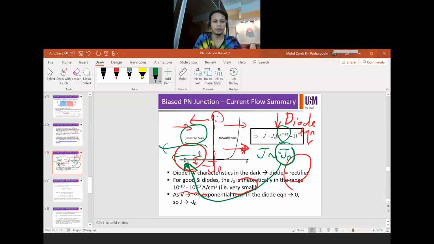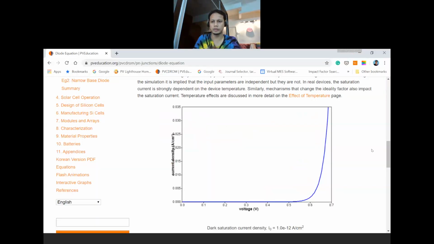So before we move to the next slide, let's look at PV CD-ROM. Let me share with you the page. All right, can you see the page now before we move on? All right, that's good.